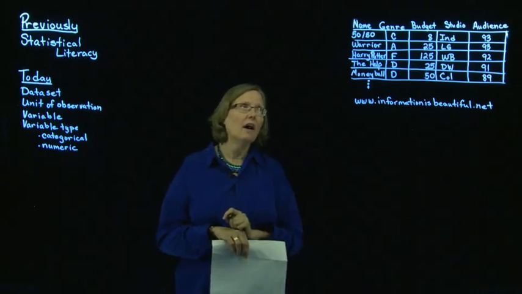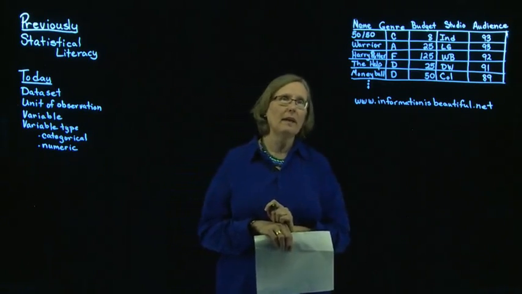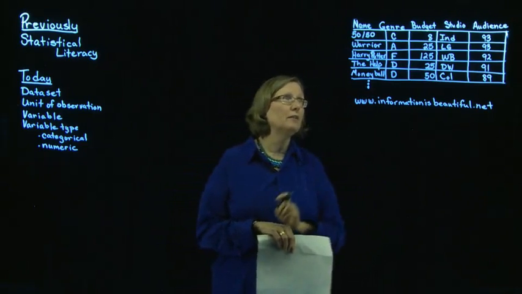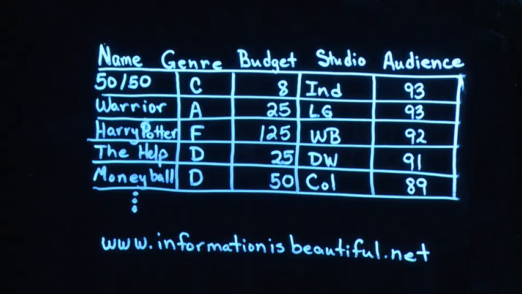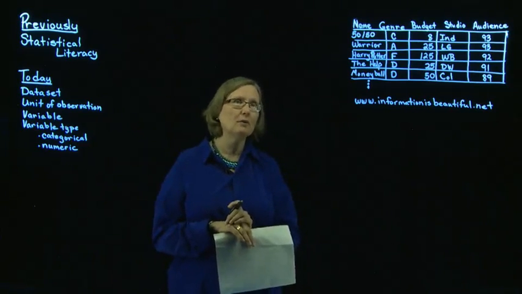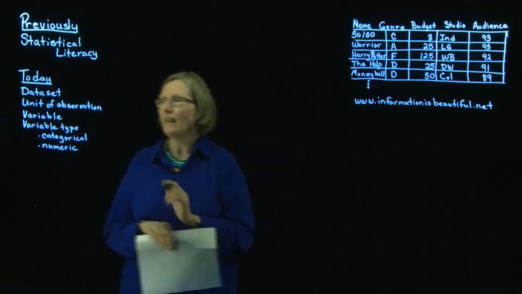Can you think of other variables that would be categorical about these movies? Is the lead actor or the lead character male or female? What is the movie rating? Is it G, PG, PG-13, NC-17, or R? Those are other examples of categorical variables.